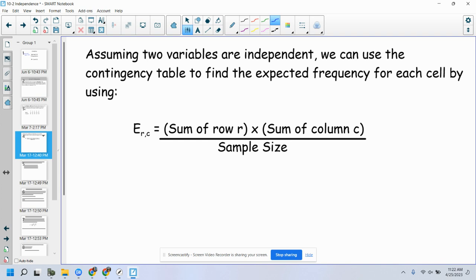You find the sum of the row, sum of the column, you multiply them together, and then you divide by the entire sample size. You take sum of row times sum of column divided by full sample size. Okay, sum of row times sum of column divided by full sample size.